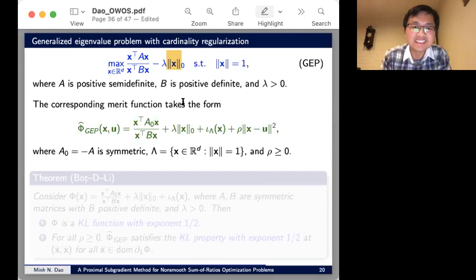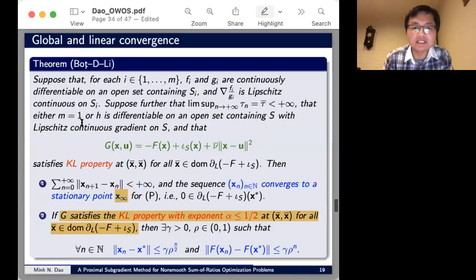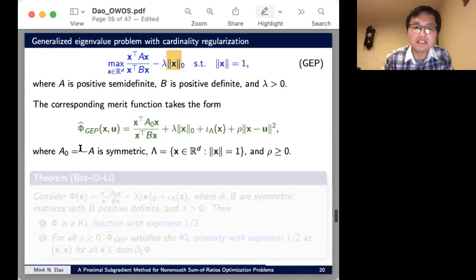It's a pseudo norm that counts the number of non-zero entries in X. So for this problem, the corresponding merit function G in the previous slide, we denote by phi hash.